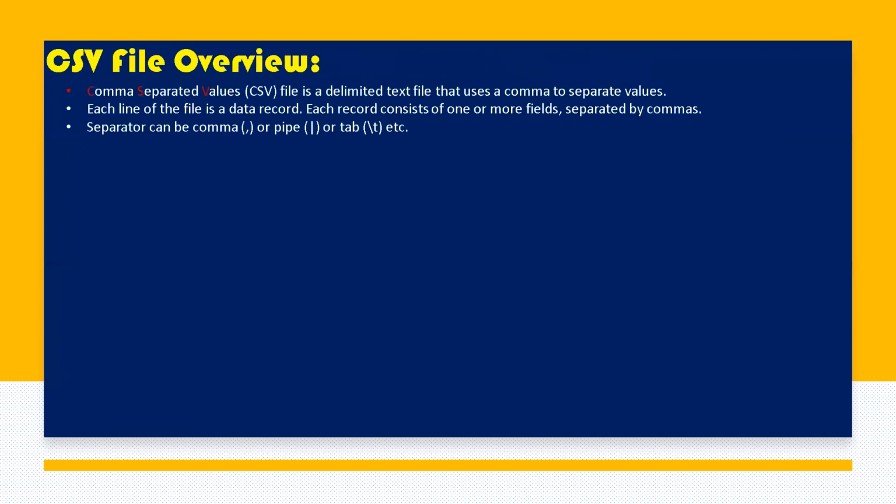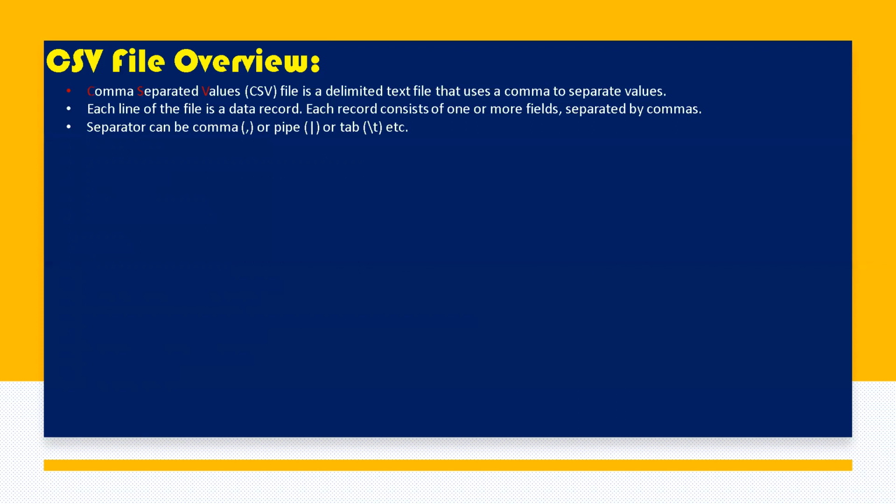Here we are going to use our CSV file format. CSV is nothing but a comma separated values format. That means the data will be separated by delimiters. The delimiter might be a comma or pipe or tab, one type of separator or delimiter we can use.